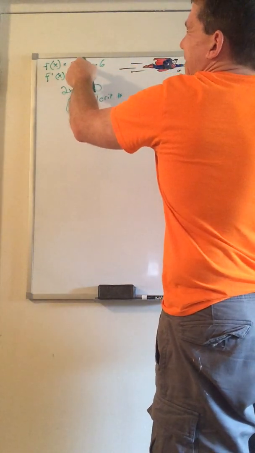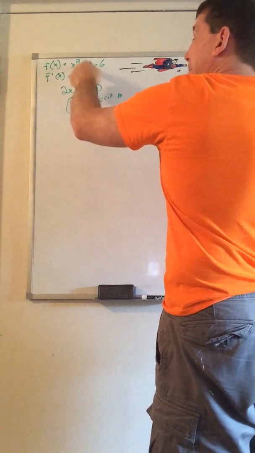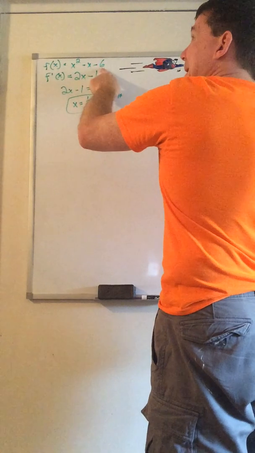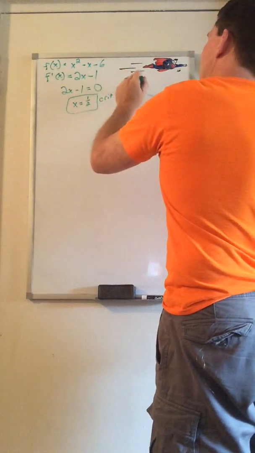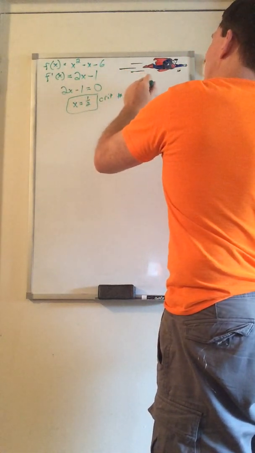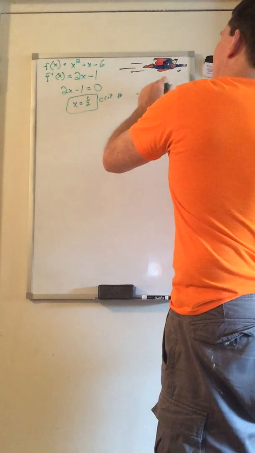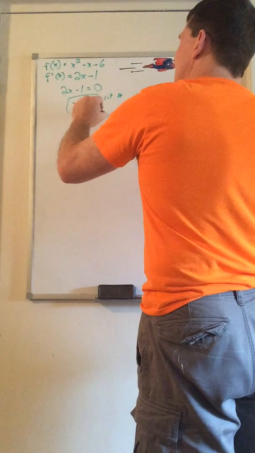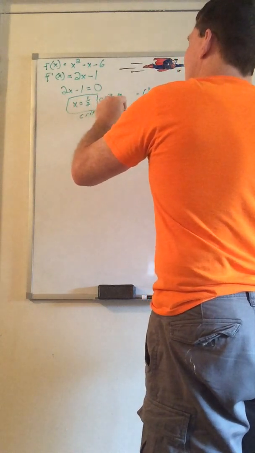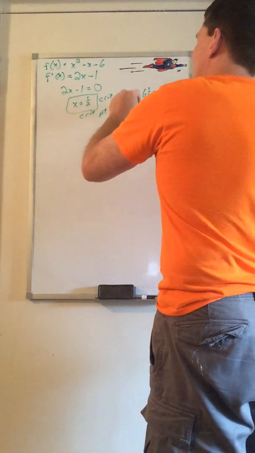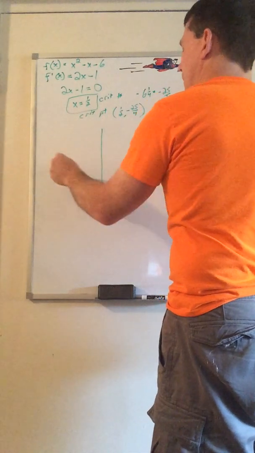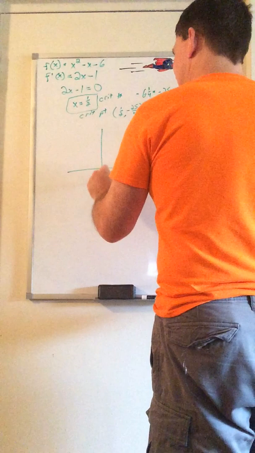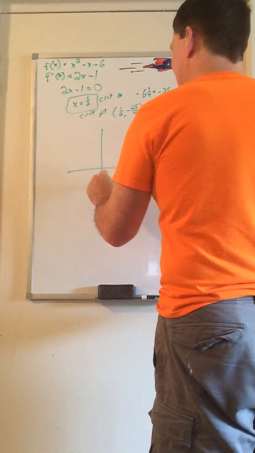If I plug in 1/2, 1/2 squared is 1/4, minus 1/2 is negative 1/4, minus 6 is negative 6 1/4, which is negative 25/4. Which means now I have a critical point that I can use on my graph: 1/2, negative 25/4. And I can plot that. 1/2, negative 25/4, we'll say it's like right there.